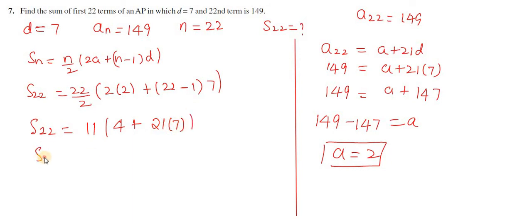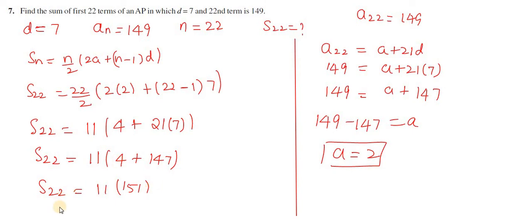So here S22 is equal to 11 into, what is 21 into 7? Already we did that, that is 147, right? Yes, 147. Now simplify: S22 is equal to 11 into, what is 147 plus 4? It is nothing but 151. So what is 151 into 11?